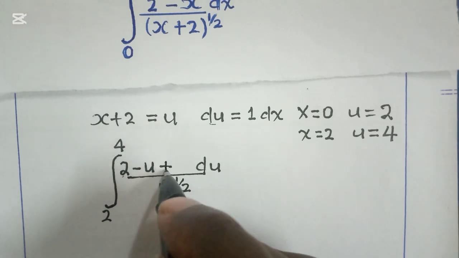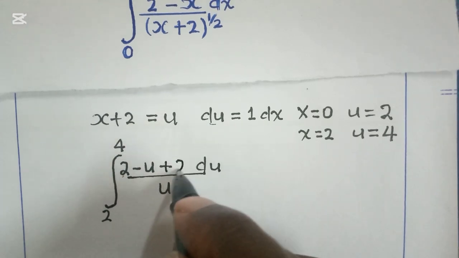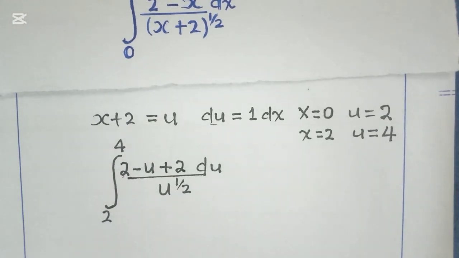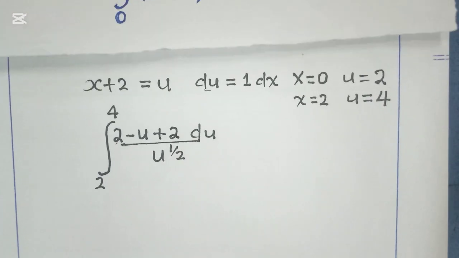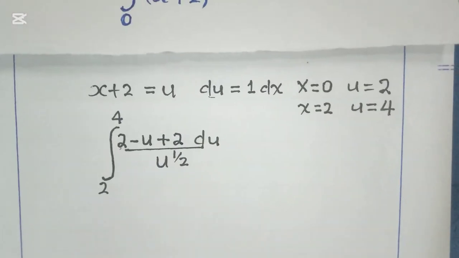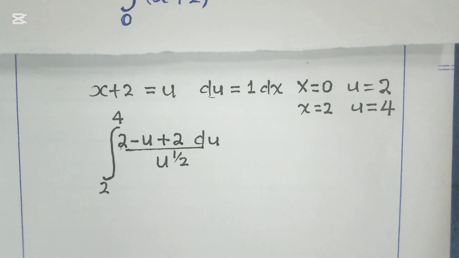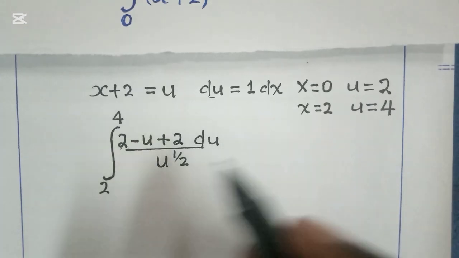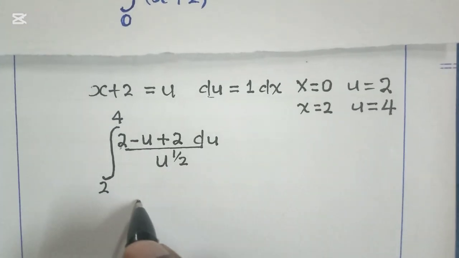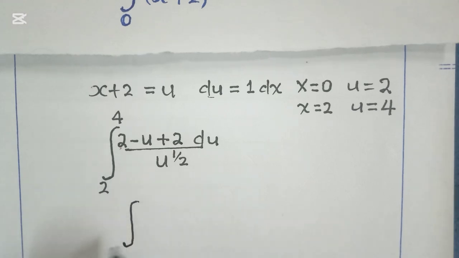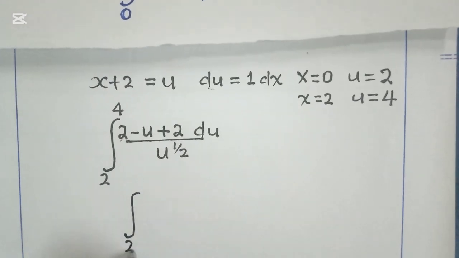So this one is now going to be u plus 2. And so this is what we are now going to solve. So I can write it again here: limits from 2 to 4.